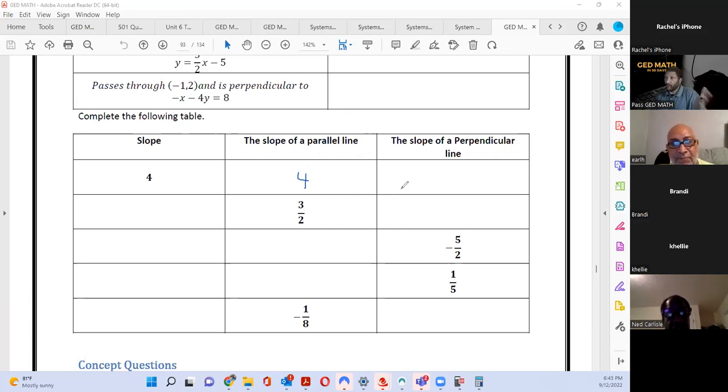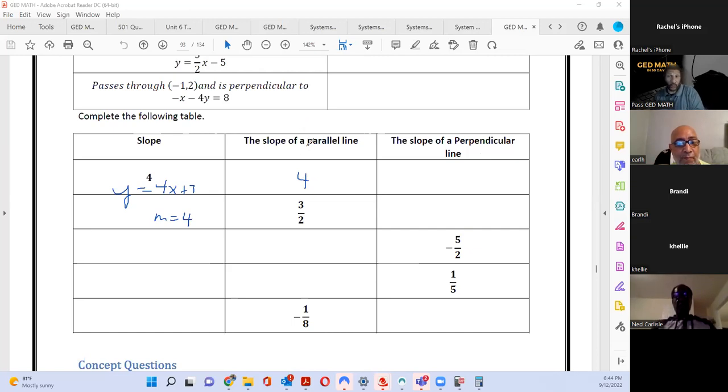Now, if the slope is 4, what's the slope of a perpendicular line? Now listen, what I need you to understand is we're not talking about a specific line. We're talking about a bunch of lines. If you have one line, y equals 4x plus 3, my slope is 4.